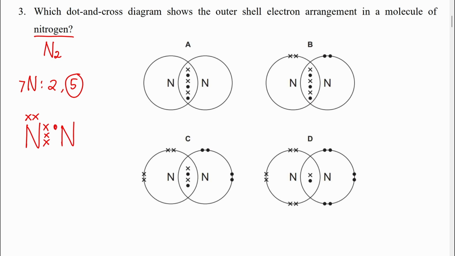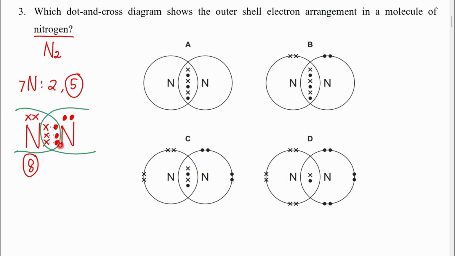And 1, 2, 3, 4, 5. So in this case, nitrogen has 3 pairs sharing together in here, okay? So nitrogen at the end will have 5 valence electrons from itself, and 6 and 7 and 8.